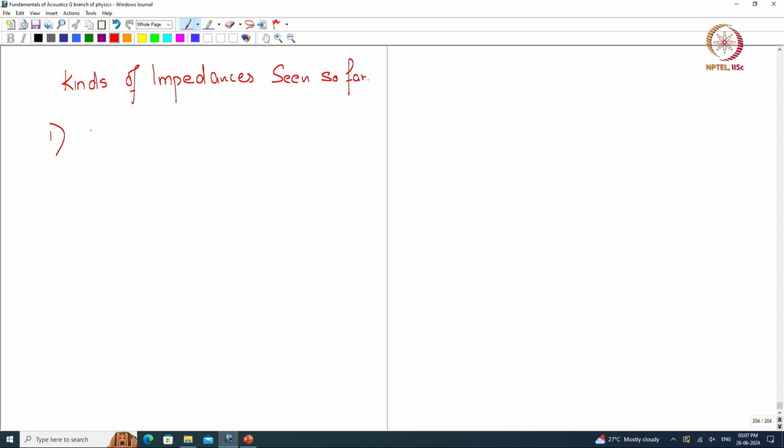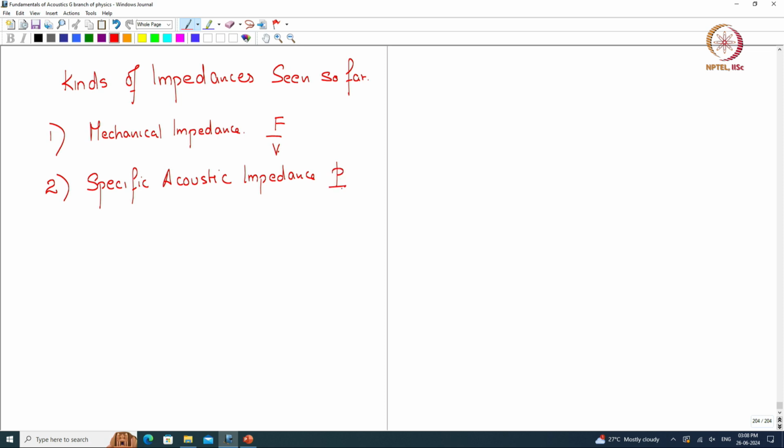One is of course mechanical impedance, which is force over velocity. Then we have seen specific acoustic impedance, which is pressure over particle velocity.